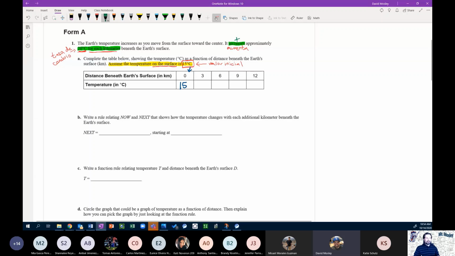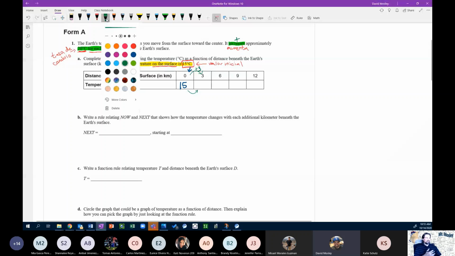So now I need to use my rate of change to find out the next spot, right? If I'm here, right, to the next column in the table, I've added 3 kilometers. Right. So I've added 3 kilometers.